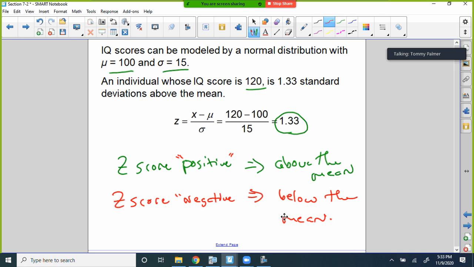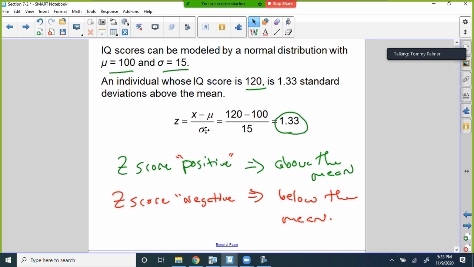So z-scores can be positive or negative, and it will tell you where it's located, or what side of the mean it's going to be located on. Any questions about that? Strictly a plug and chug. You've got to have the mean, you've got to have the standard deviation, you've got to have an x value.